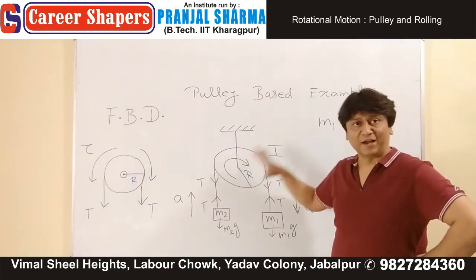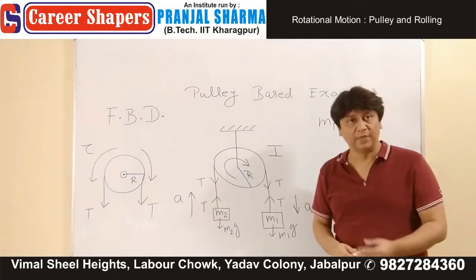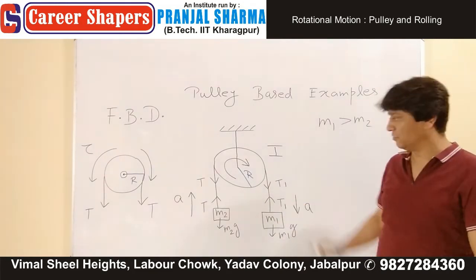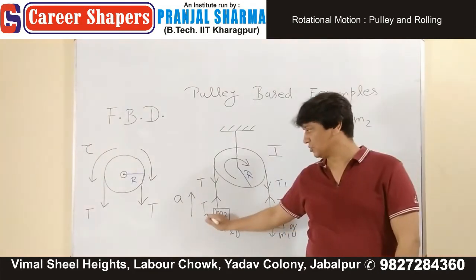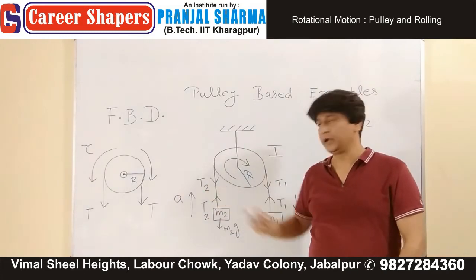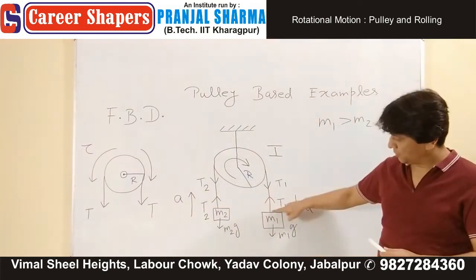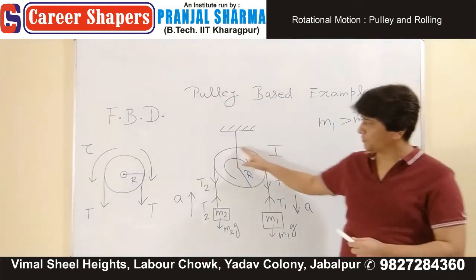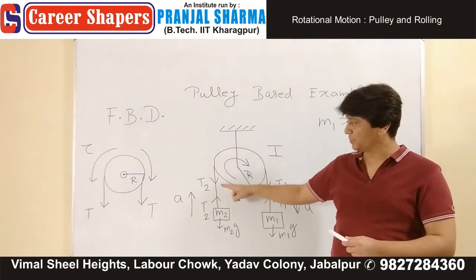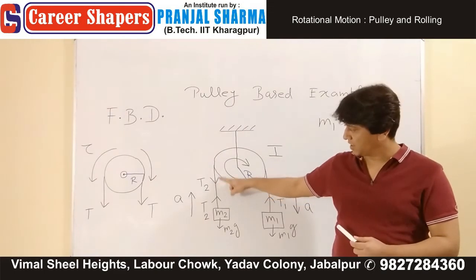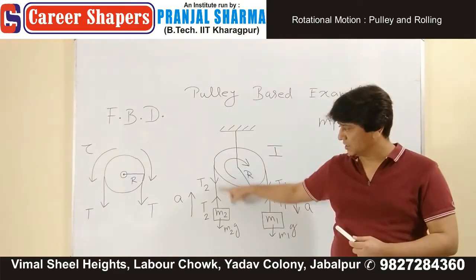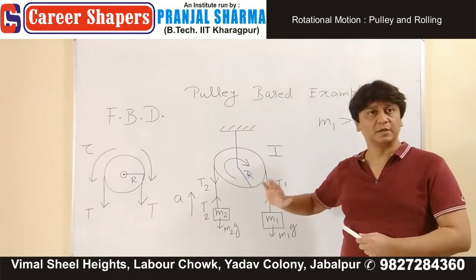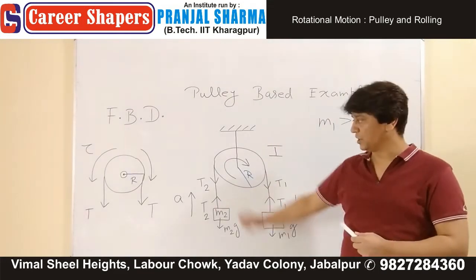But if friction is present, then tension on this side will be T1, tension on this side will be T2. From this point to this point, tension will be same. Because of the pulley, tension changes, becomes T2. Now again, from this part to this part, it's a massless thing and therefore tension will remain same, which is T2.